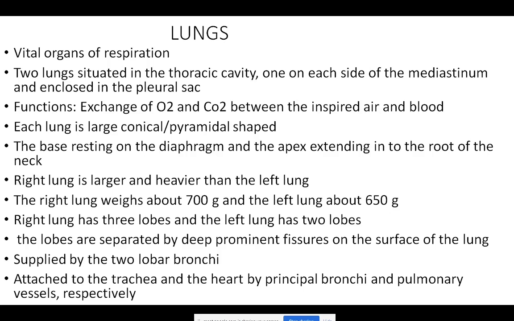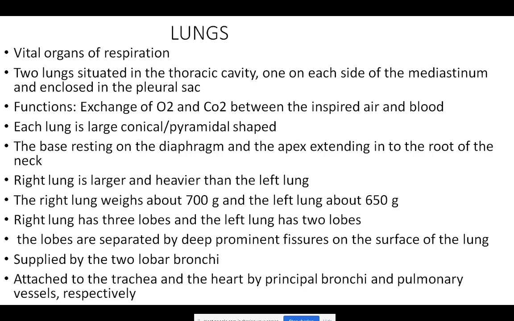The function of the lungs is to exchange oxygen and carbon dioxide between the inspired air and the blood, okay? Each lung is pyramidal in shape, and the base rests on the diaphragm, the apex extending into the root of the neck.